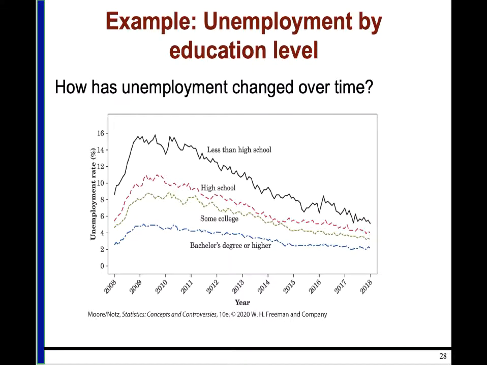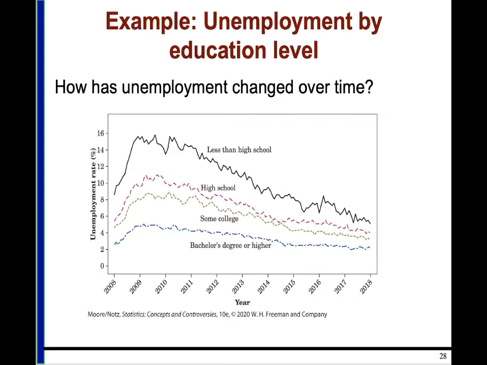You can also create a line graph that's broken down according to some other categorical variable. So for example, you can look at unemployment based on the type of job or the type of education that somebody has. So if you look here from 2008 to 2018, you see that the unemployment rate was a relatively steady decrease from about 2010 until 2018, whereas from 2008 to 2010, the unemployment rate rose sharply.